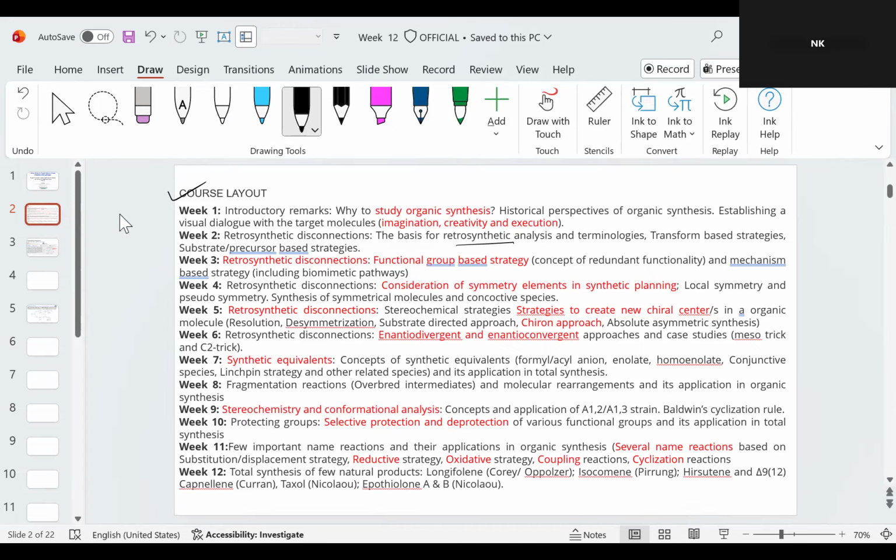In between, we also focused on some enantioselective synthesis, and we covered a few examples of retrosynthesis involving asymmetric synthesis. At the end of this last session, we are going to see some actual examples of retrosynthesis which are published in articles. So we'll see some examples based on that.